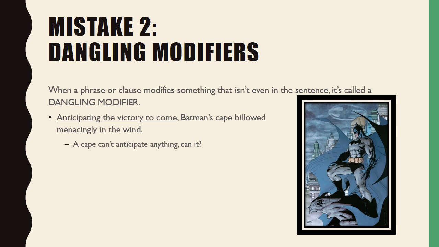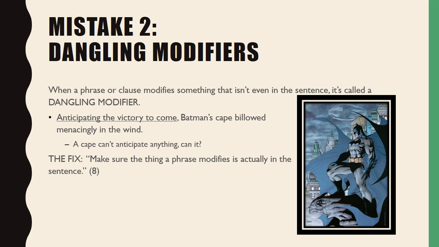So how do we fix that? Well, we have to make sure that the thing that the modifier is there to enhance is actually in the sentence. We're assuming we're talking about Batman, right? Batman is the person anticipating the victory to come. So we need to add Batman into the sentence.